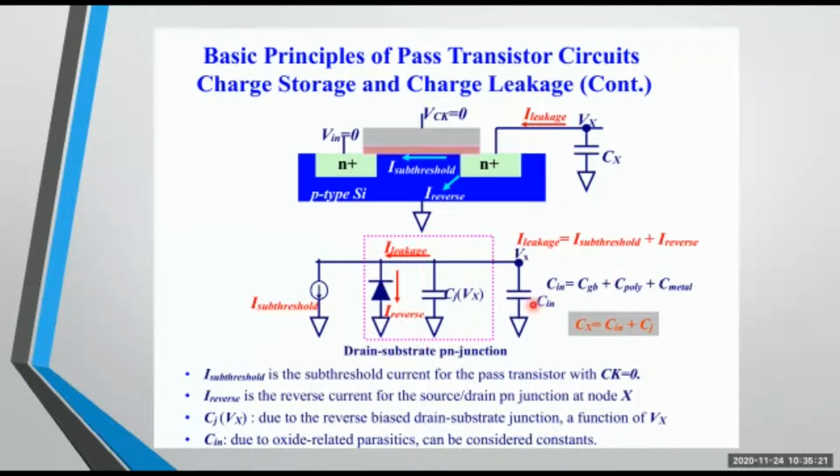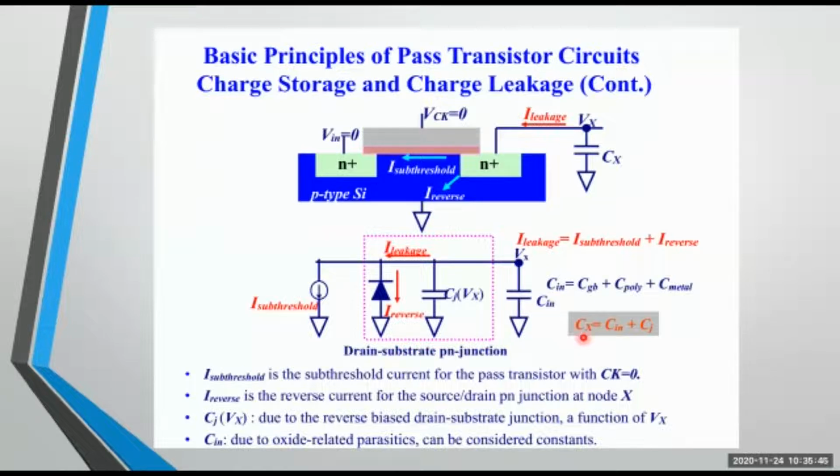Coming to the capacitance which is stored in the capacitor, this capacitance is equal to CGB, the gate and bias, and again you can see it involves the poly and also the metal. All of this is associated in order to make the capacitance which is stored in the capacitor.